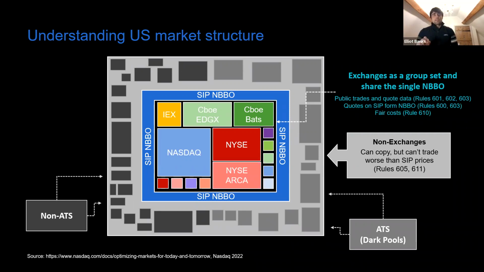So a second big difference, and I think it's probably the biggest difference between the US and Europe, certainly in my opinion, is the behavior of the NBBO. The NBBO has a few important features. Firstly, the NBBO is on a round lot basis.